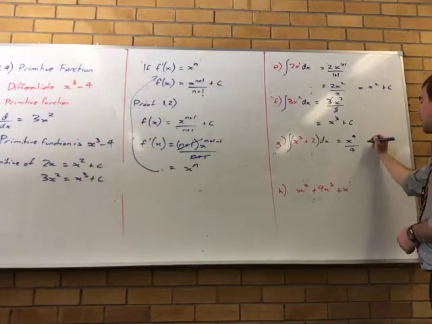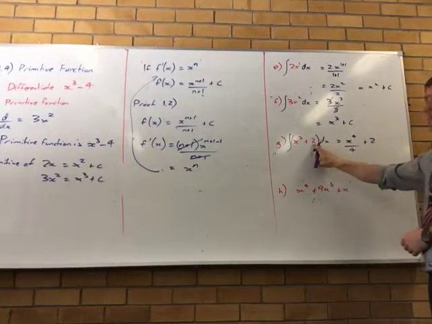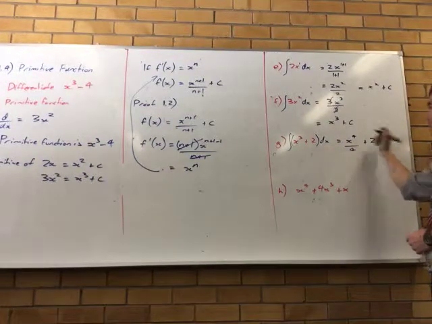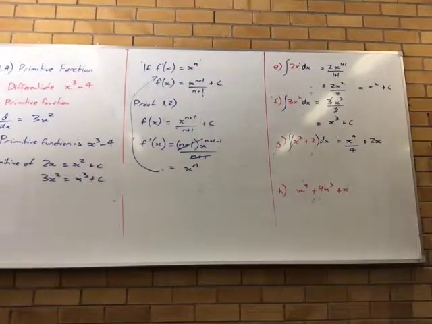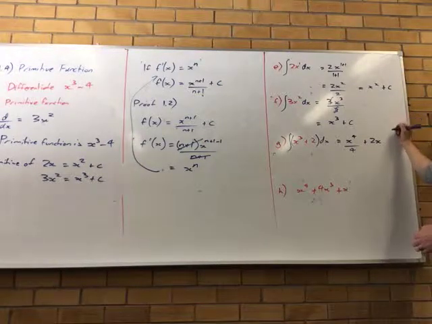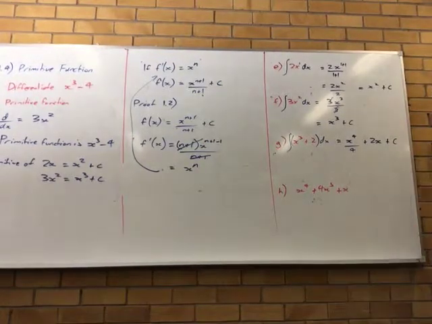Okay, and then 2, now this is x to the power of 0 for a constant number. So it'll be 2x to the power of 1 over 1, so it's just 2x. Finished? Plus C, plus the constant of integration.